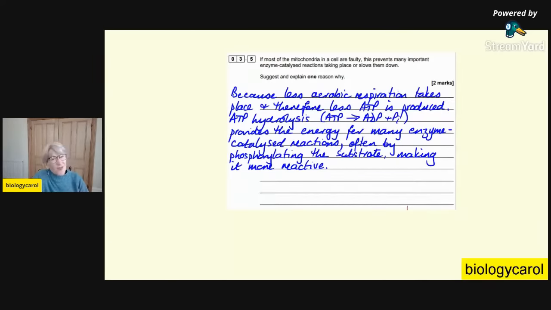ATP hydrolysis, and just as I always do, I put this in because it takes me no time at all. Sometimes it is an extra mark, and it provides the energy for many enzyme catalyzed reactions. And then I kind of went, how does that work? And then I remembered, from glycolysis in respiration, the transition of glucose to phosphorylated glucose, or glucose bisphosphate, or I can't remember the other terms.